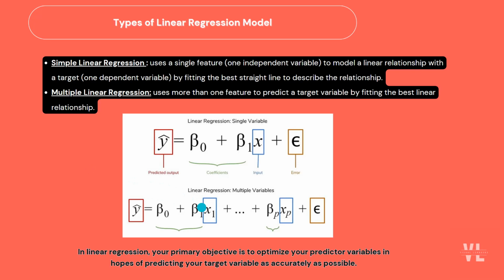For example, if you have multiple independent variables instead of one, from x1 up to xp, then you could use a more complicated function in order to mimic the data distribution. So you're going to increase the number of coefficients you have in order to make your model more complicated.